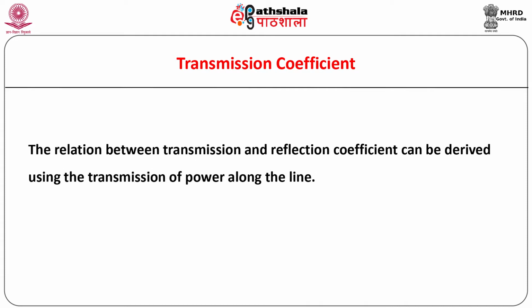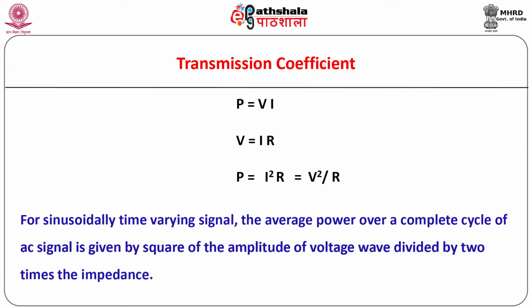Now, as mentioned earlier, the two coefficients, namely transmission and reflection, are related with each other. For deriving the relationship between the two, we can use the transmission of power along the line. We know that work done or energy consumed or supplied per unit time is power.